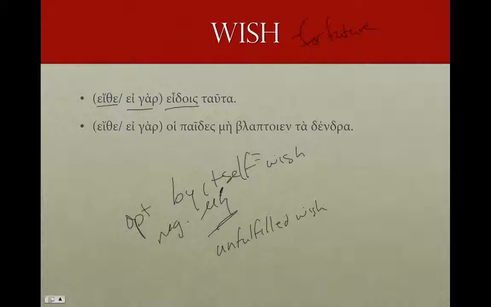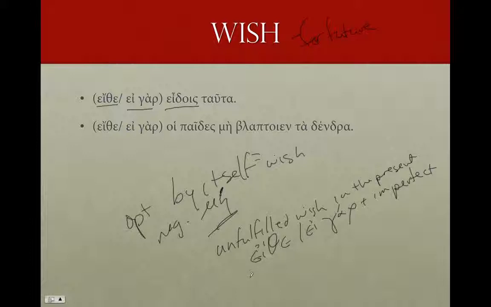So this unfulfilled wish is actually going to be introduced by eithe or ei gar. When you see these two, you know you're dealing with some kind of wish. But, think about it, that's a present contrary to fact. So it's eithe or ei gar plus the imperfect. That's an unfulfilled wish in the present.